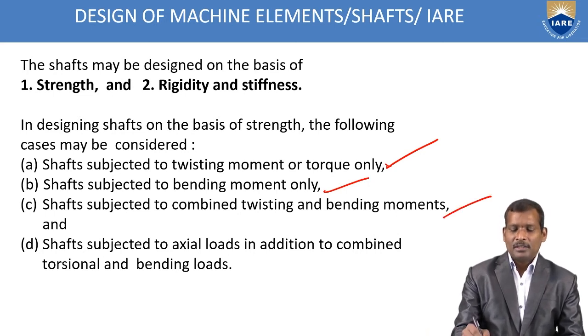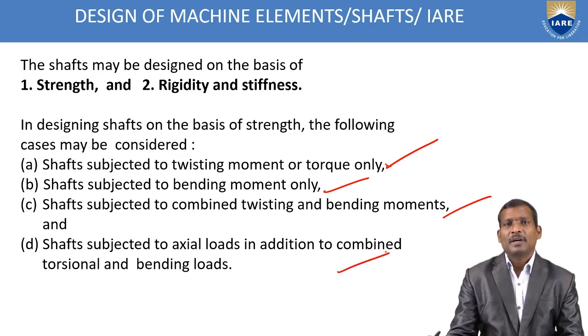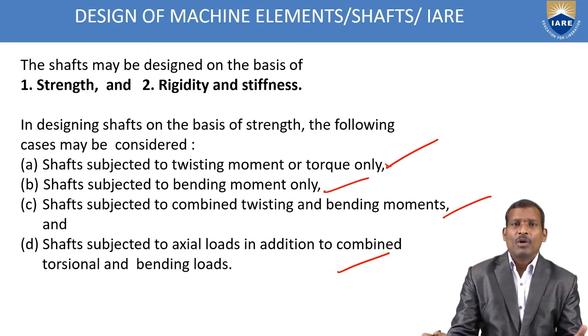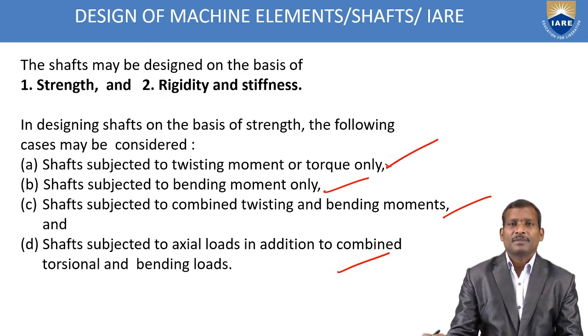And the fourth one, shafts subjected to axial loads in addition to combined torsional and bending loads. So first you select the criteria, on what basis to design the shaft, given the loads.